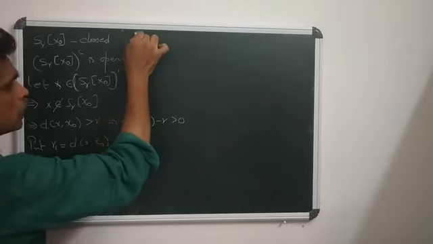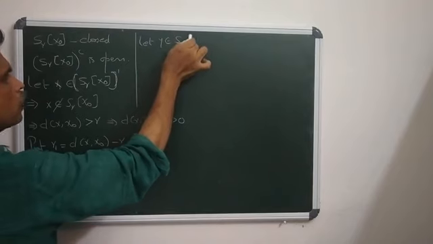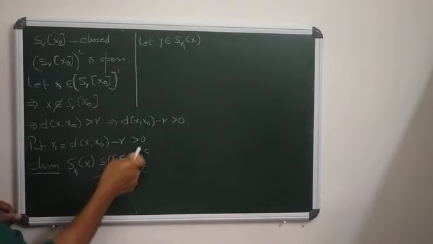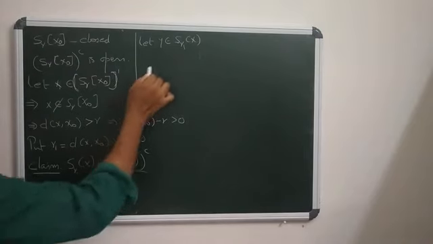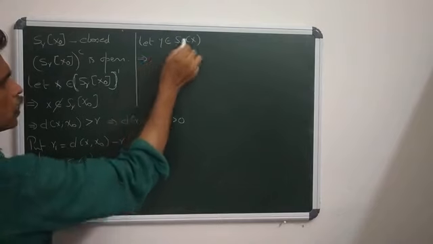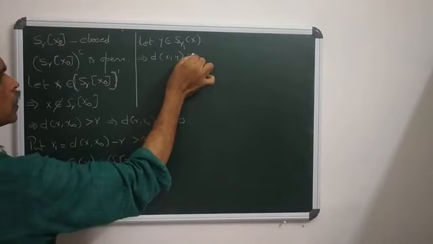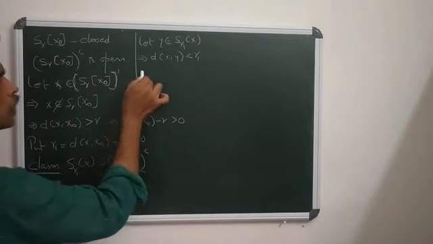So let y fall in S_r1(x). To show S_r1(x) is a part of S_r[x0] complement, it is enough to show that this y falls in S_r[x0] complement. Y falling in S_r1(x) means the distance between x and y is strictly less than r1, because S_r1(x) is an open sphere. But what is d(x, x0)?